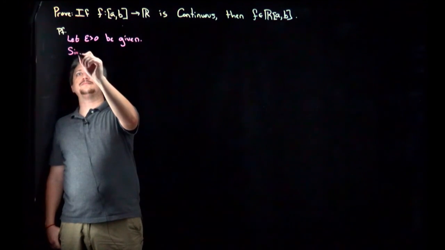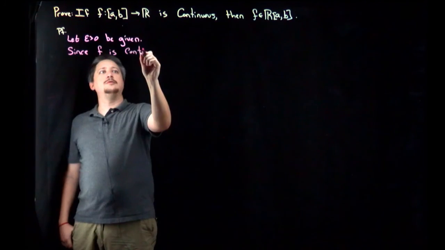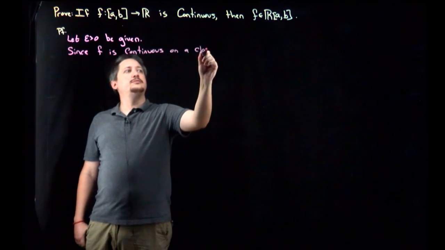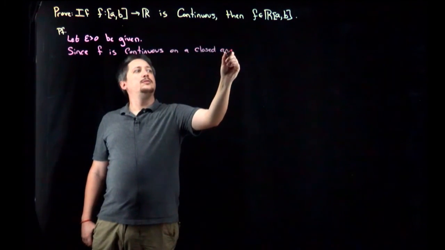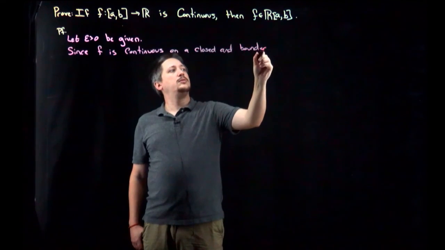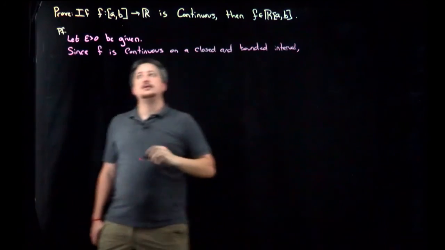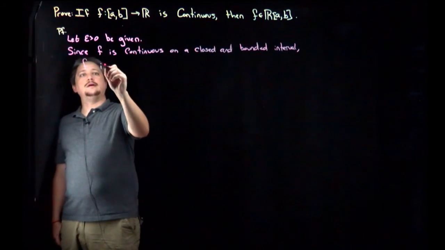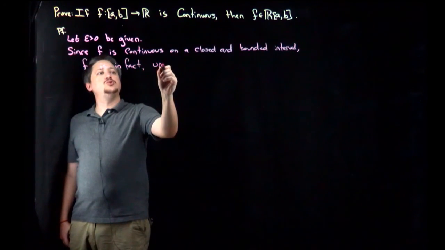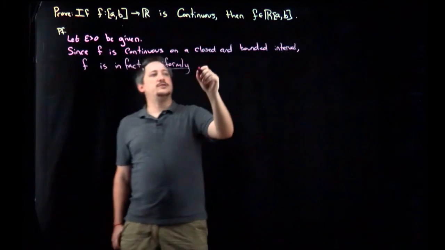So since f is continuous on a closed and bounded interval, f is in fact uniformly continuous.